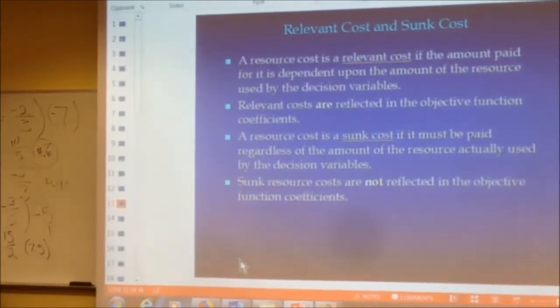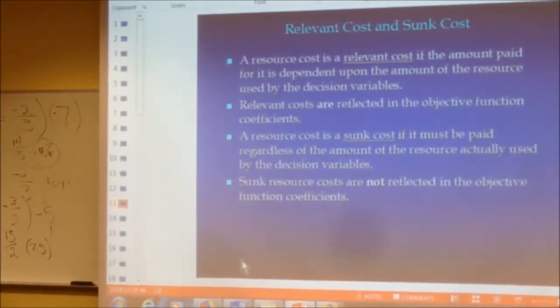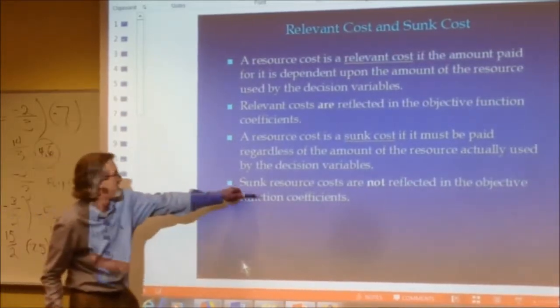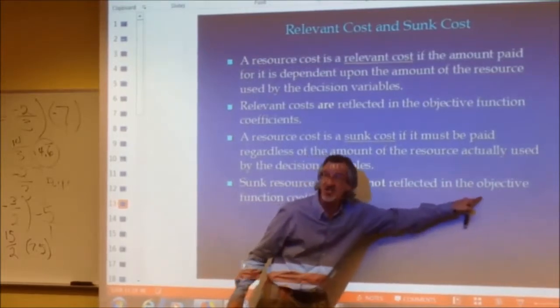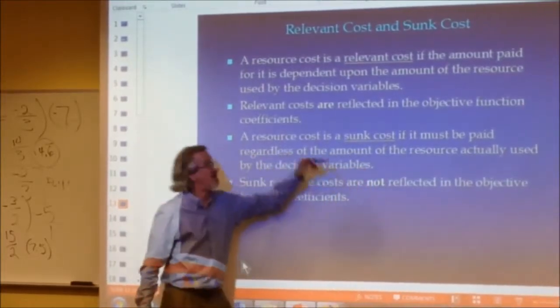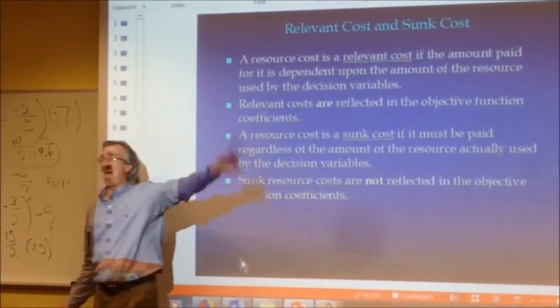Sunk cost, not already in the objective function, therefore the dual value equals the max you would pay for it. I can see that in that sentence right there. It's not reflecting the objective function variable. So it should say, and it is the most you would pay for 1 additional unit. Relevant cost is the opposite.